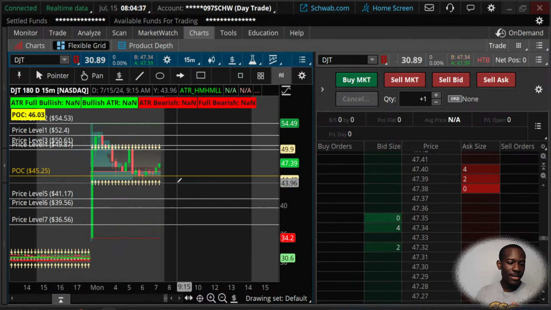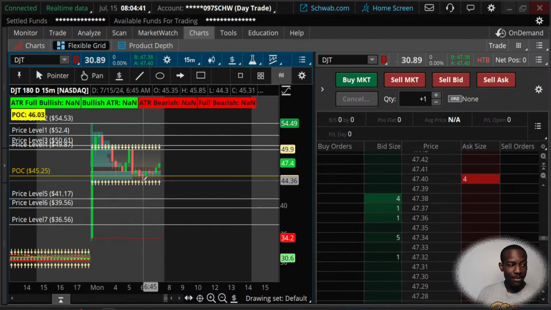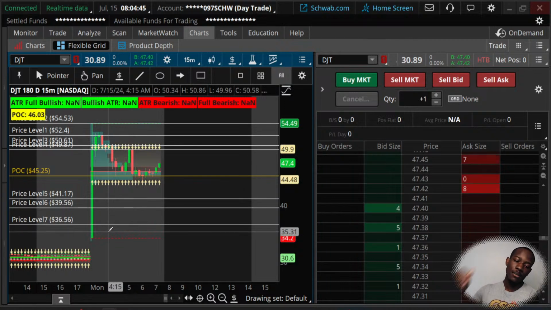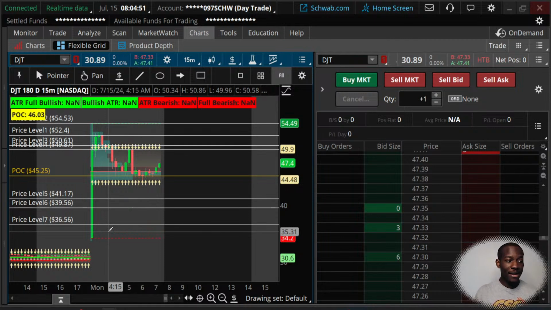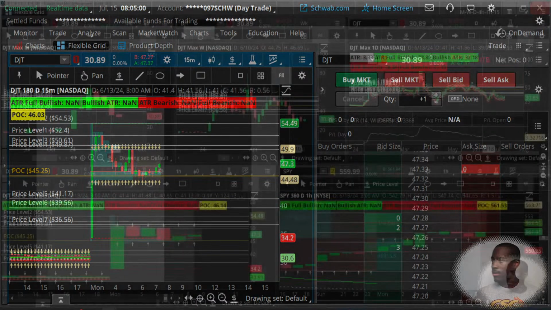But the ATR is $3.33, so it may be even higher now because that was calculated from Friday's last candle, so it might be $4, maybe $5 today. We'll see. And my ATRs, I showed y'all the daily chart.